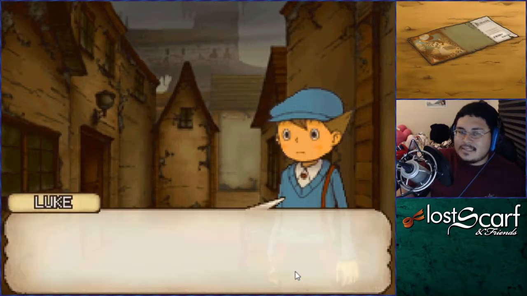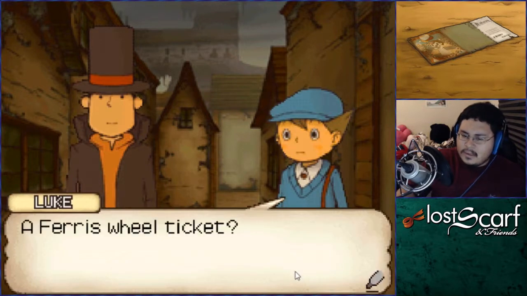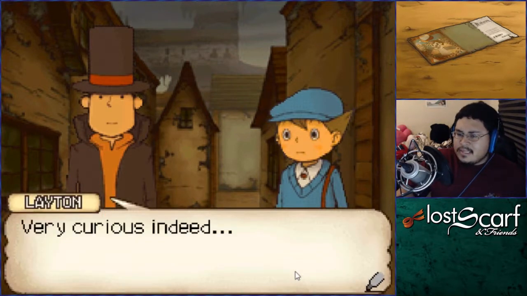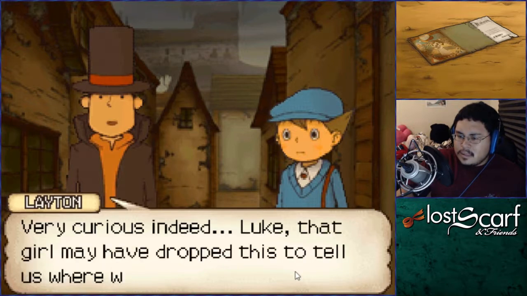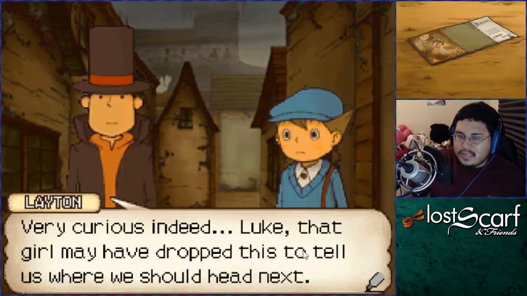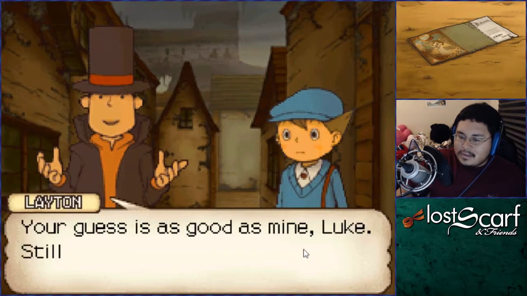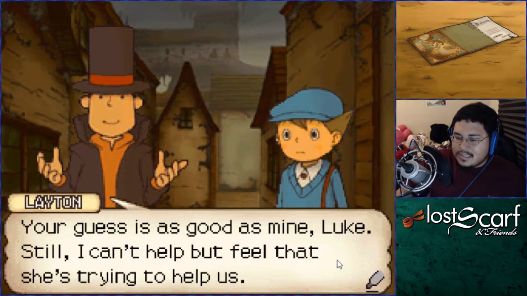Professor, what's this? A Ferris wheel ticket? Very curious indeed. Luke, that girl may have dropped this to tell us where we should head next. But why would she want to help us? Your guess is as good as mine. Still, I can't help but feel that she's trying to help us.